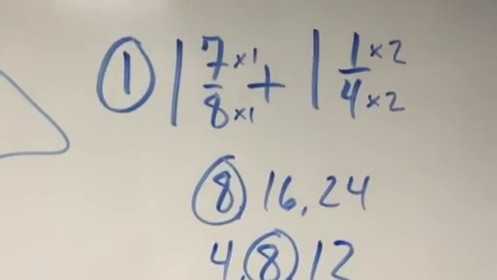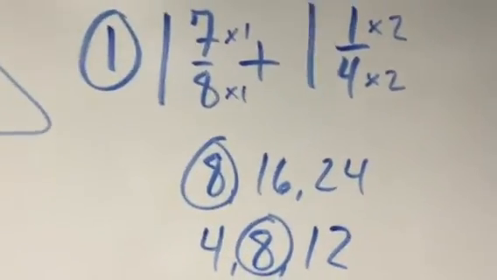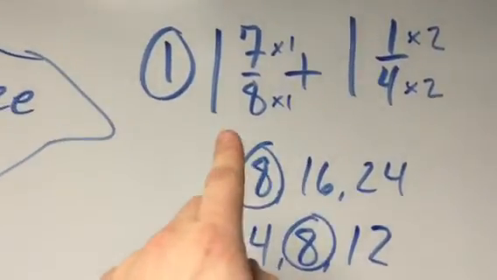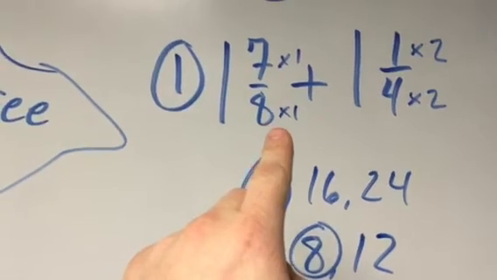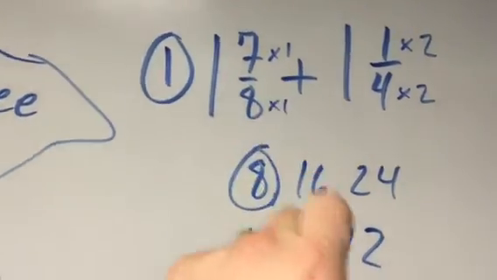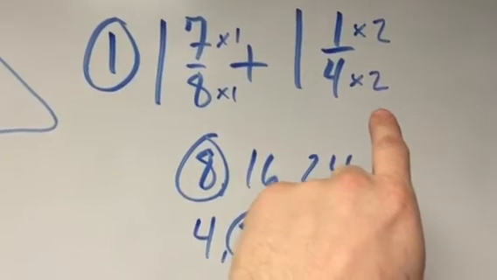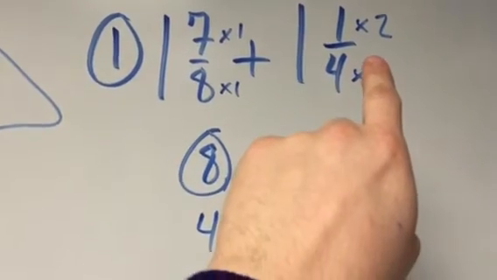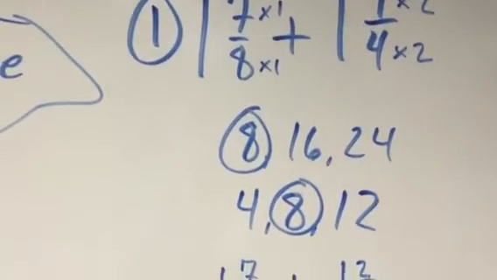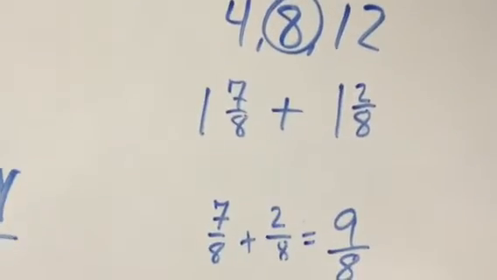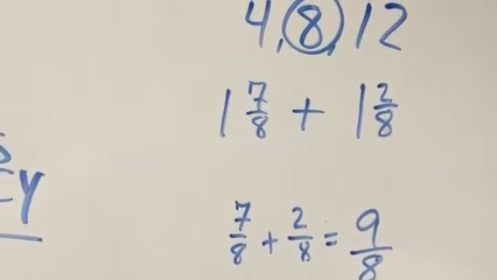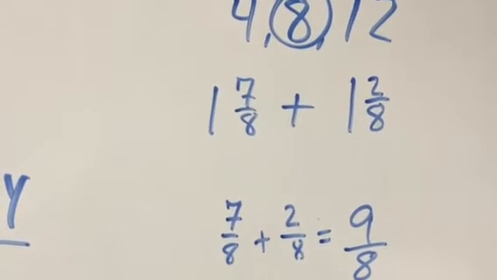So to get our first denominator to 8, we multiply by 1. That's pretty simple. So we multiply the denominator and the numerator by 1. And then to get our denominator to 8 over here, we have to multiply by 2. So 4 times 2 and 1 times 2. Our new fractions, our equivalent fractions, are 1 7/8 plus 1 2/8.